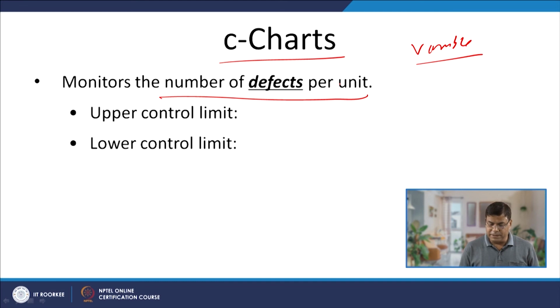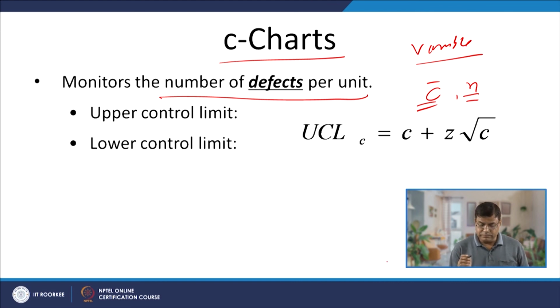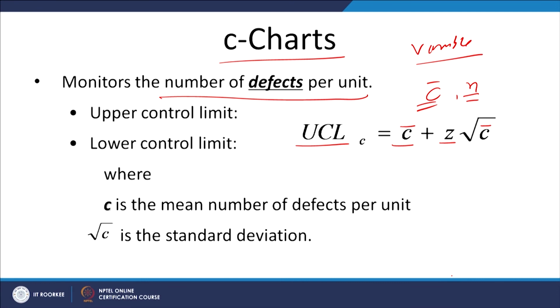So, the number of defects per unit is counted, and when the number of samples are there, the average number of defects per unit is calculated in the form of C bar, and then depending upon the sample size, we calculate the upper and lower control limits. So, the upper control limit for the C chart is C bar plus Z, where Z is the standard normal deviate, times the square root of C bar, the average number of defects per unit, and similarly the lower control limit is calculated using C bar minus Z times the square root of C bar.